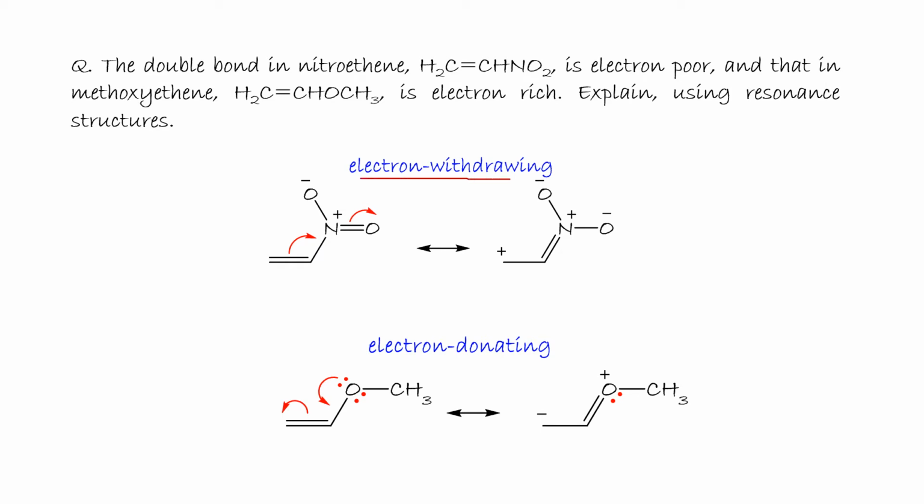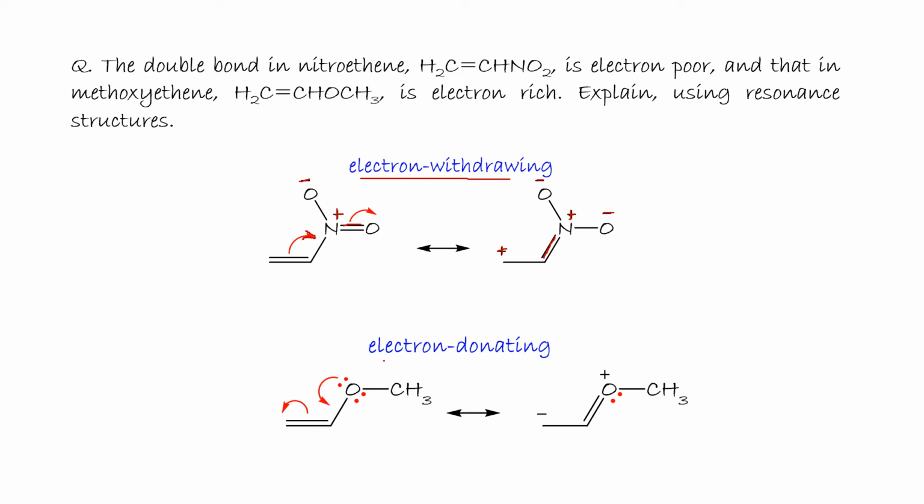When we draw the resonance structure, we have here an electronegative element sucking the electrons, so we form a double bond in here and break this double bond to form here a negative and a positive here, which means that the pi system will be electron deficient.